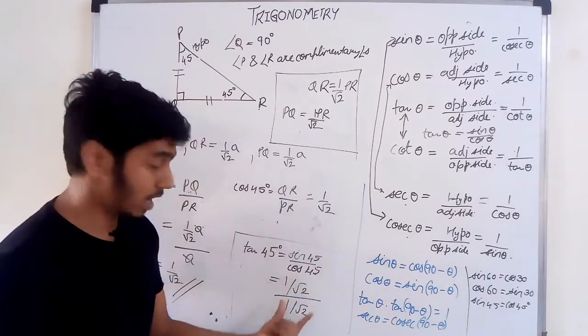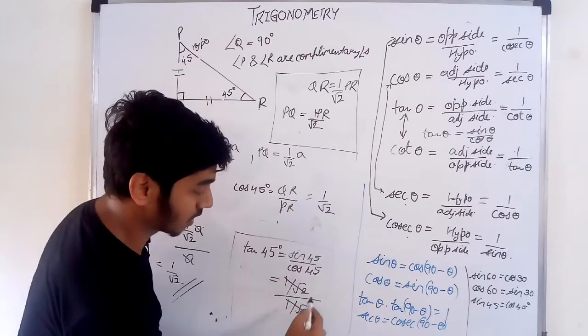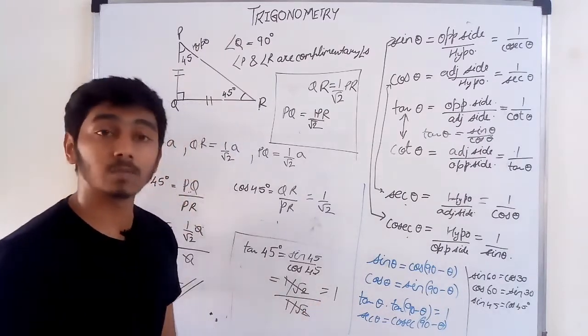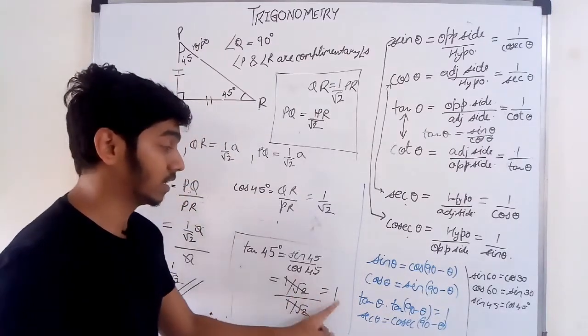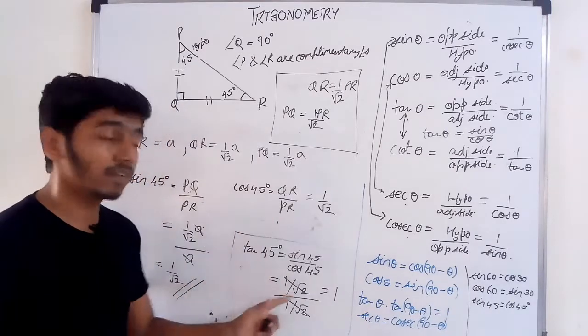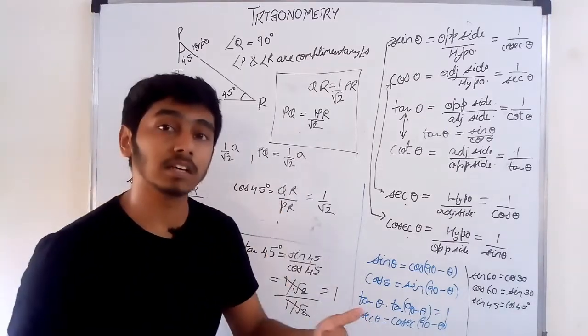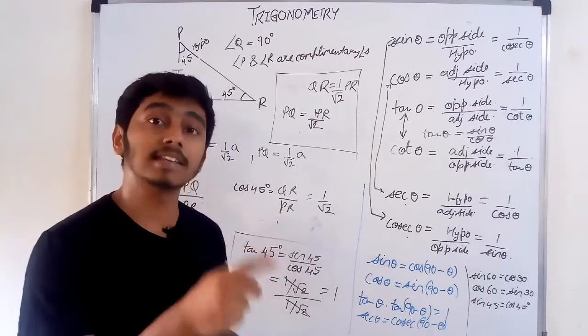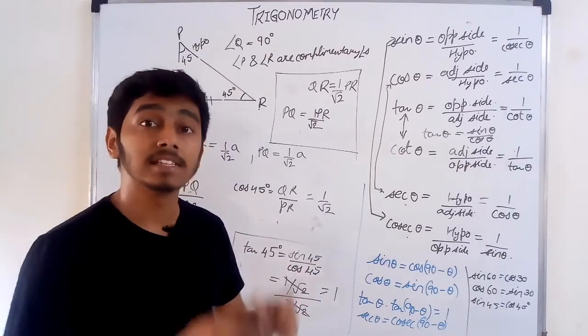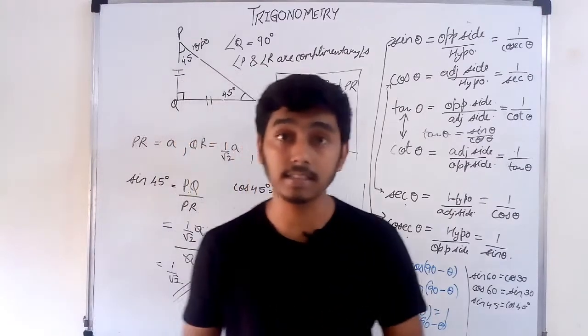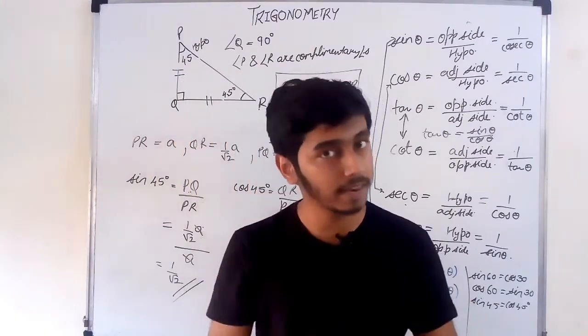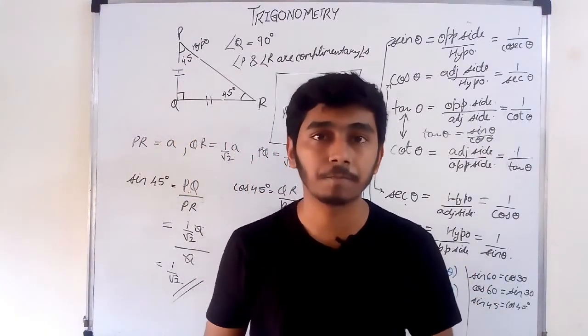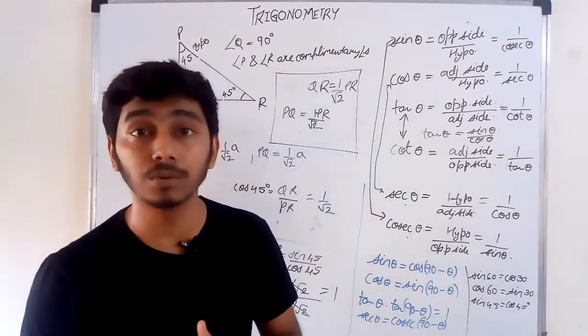So they are the same, cancelled, and left us 1. So tan 45 is 1. Same way, if you have sine 30 and cos 30, divide them, and whatever you get, that is tan 30. Same way, if you take sine 60 and cos 60 and divide them, you get tan 60. So I hope it's clear to you.